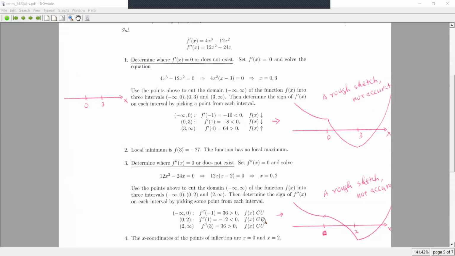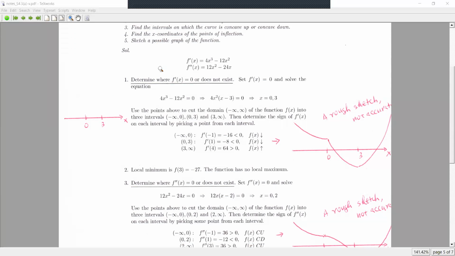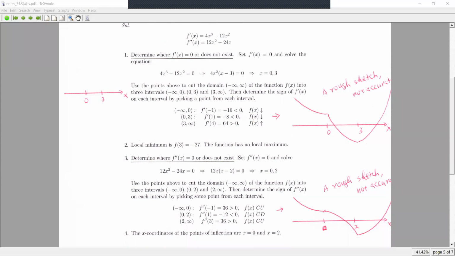So the answer to the third question is: on the intervals negative infinity to 0 and 2 to positive infinity, the graph of f is concave up. And from 0 to 2, the graph is concave down. Here I roughly sketch the graph of f, the original function.